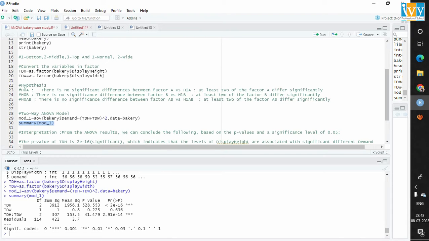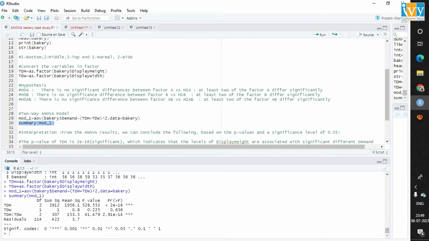The p-value for DH is extremely small, as we can see. The 3 stars show high significance, indicating that the levels of display height have a significant effect on demand. But DW, meaning the width, is not significant; its p-value is 0.6, so it's not even significant at the 5% level of significance. So it has no significance whatsoever.